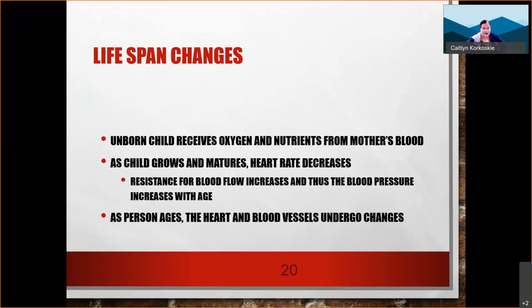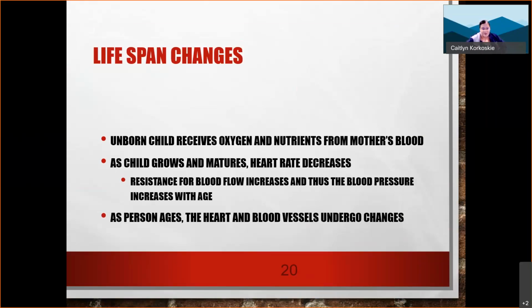They're not necessarily creating their own blood yet. Once they're born, they are developing their own blood cells and everything at that point.